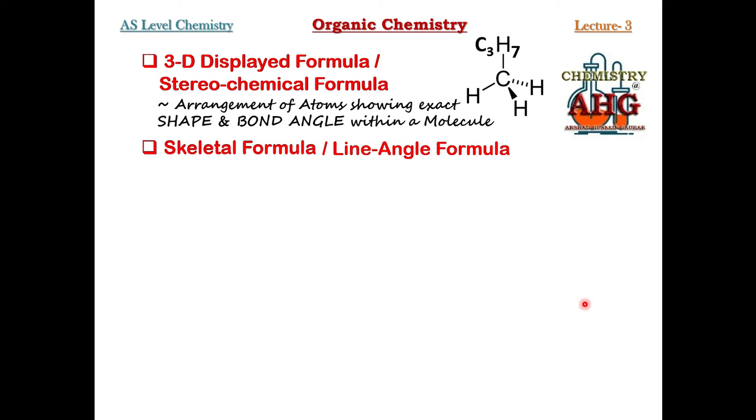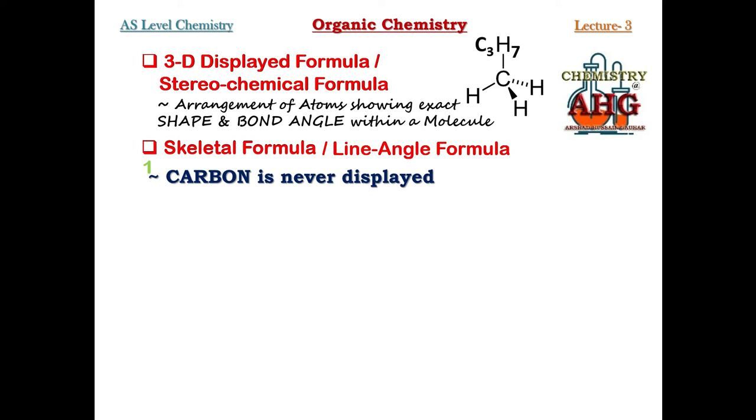What are these three pieces of information? The first piece of information, always remember, in this type of chemical formula, we do not display carbon in any organic compound. Whenever you have been given any organic compound and you are asked to give its skeletal formula, do not display carbon. Then how is carbon shown? I will tell you how carbon is represented.